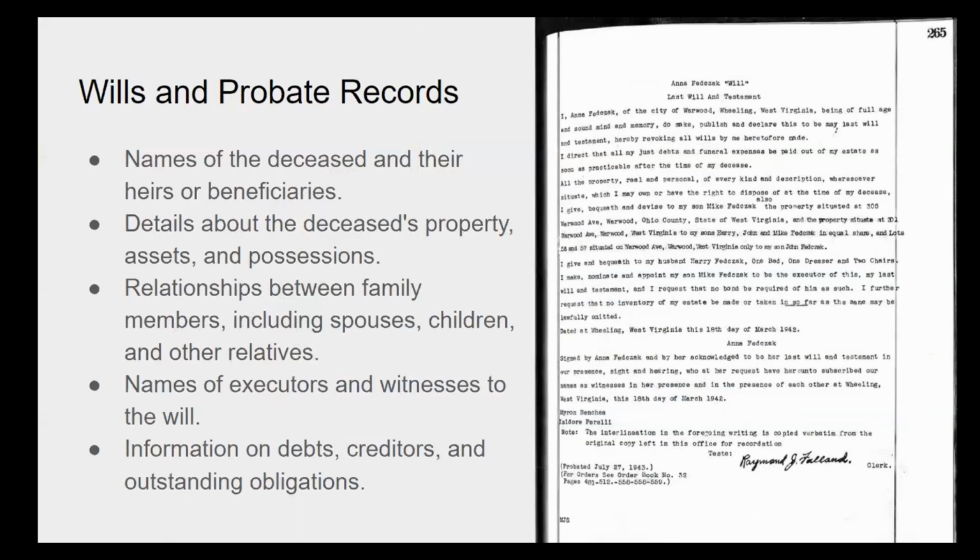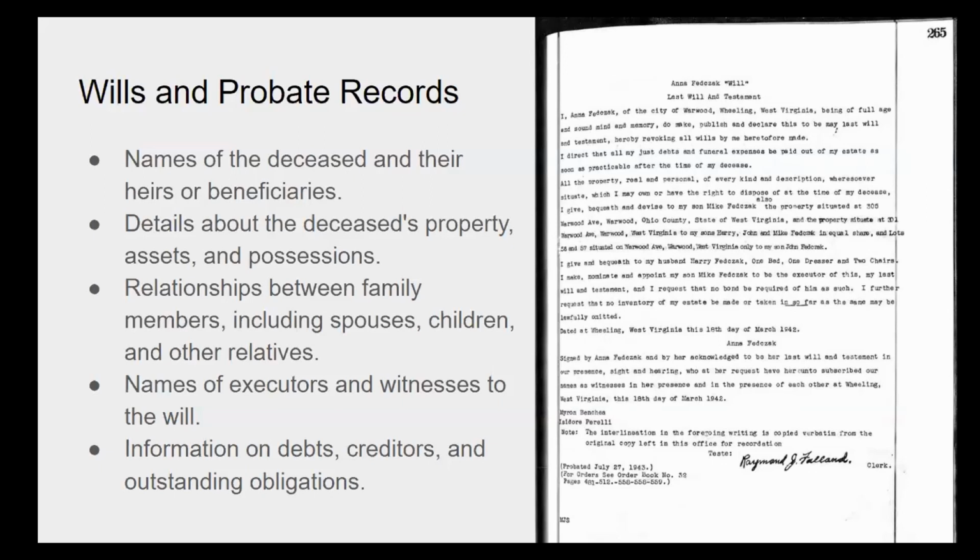A will is a legal document that's created to outline how the individual wants their property and their assets to be distributed after their death. And wills will often include information about family members, associates, so it makes them an important resource for connecting your ancestors to each other when other records might not.